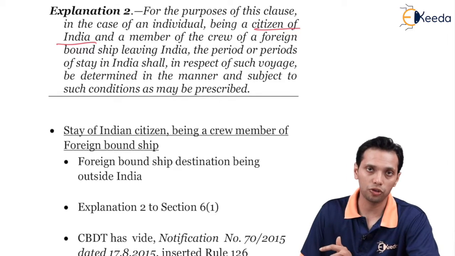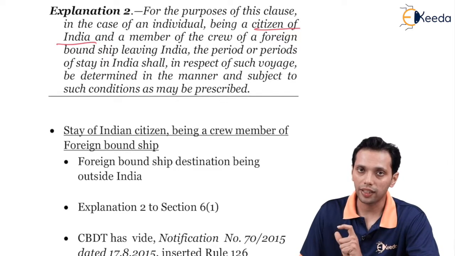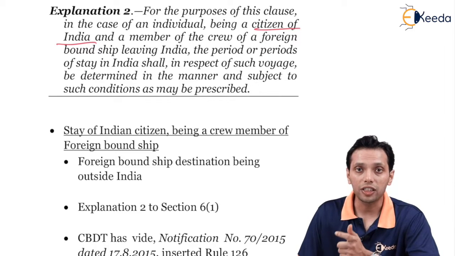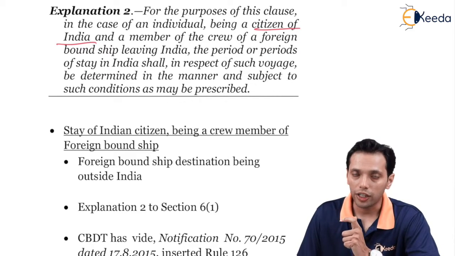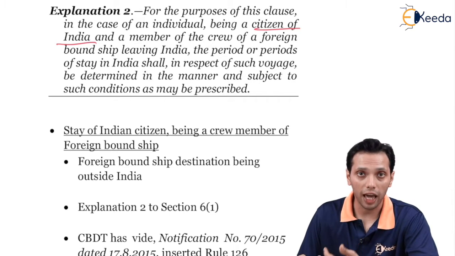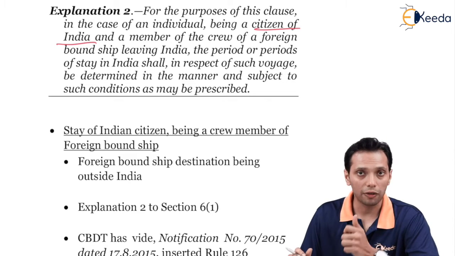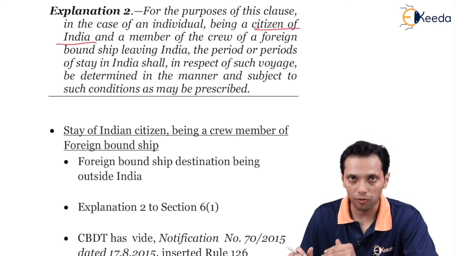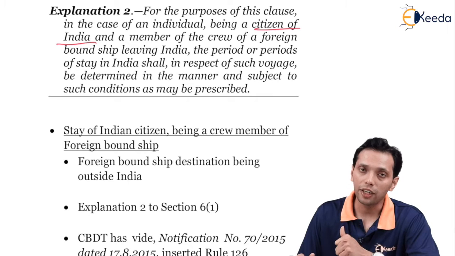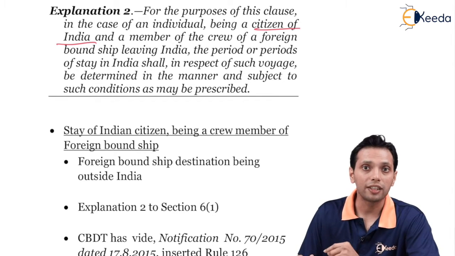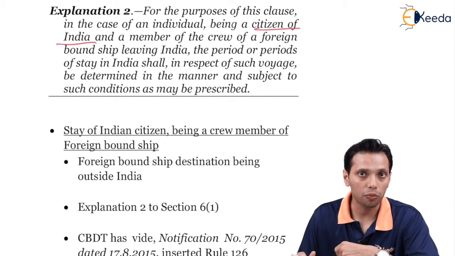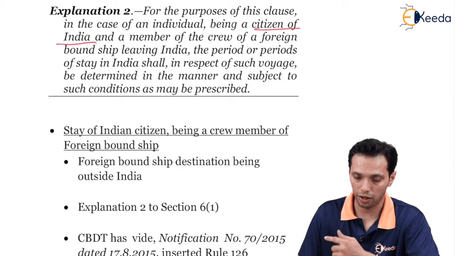So a foreign bound ship is one that has an Indian connect in a way: it is coming to India to an Indian port and carrying passengers or livestock or goods which are delivered over here at the Indian port, or it could be that the ship is leaving India from the Indian port and going outside India.